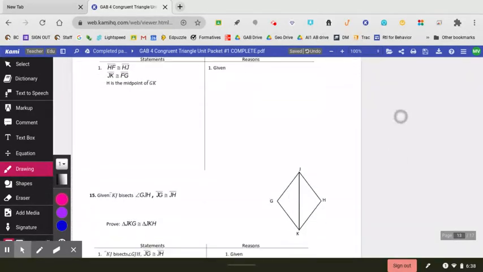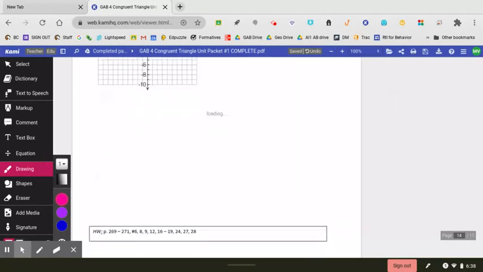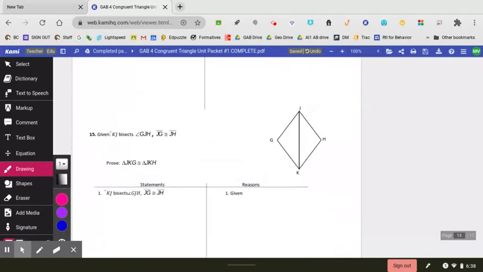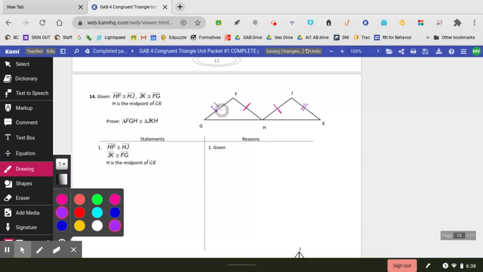14. So now we're going to try to do these two proofs, and then we have one coordinate proof. So for this proof, we know that HF is congruent to HJ, and then we know that JK is congruent to FG.